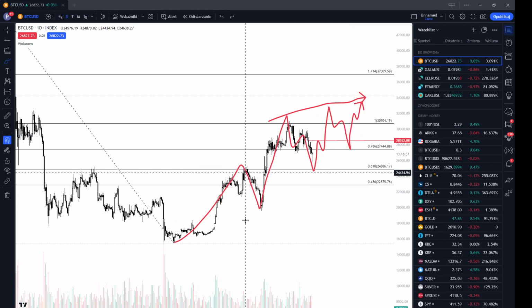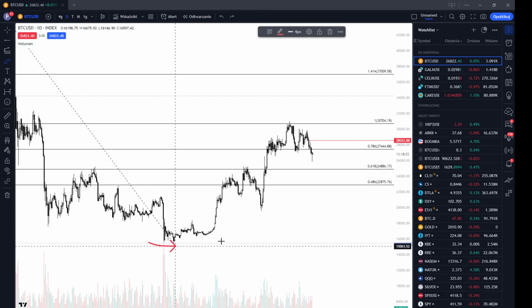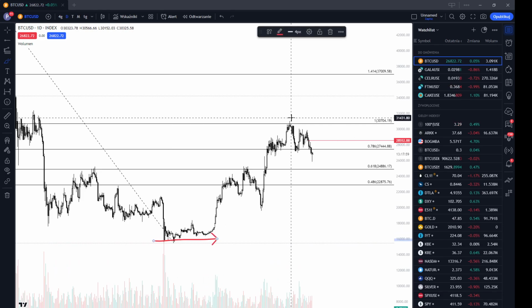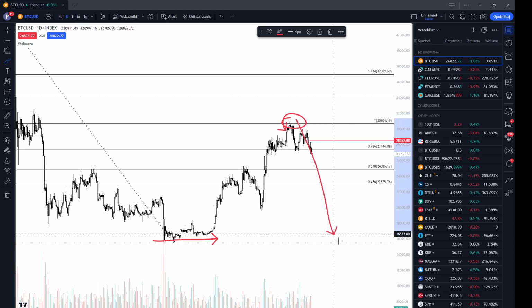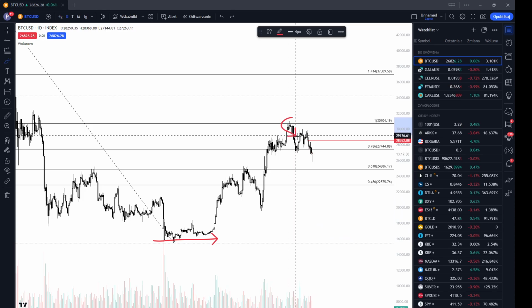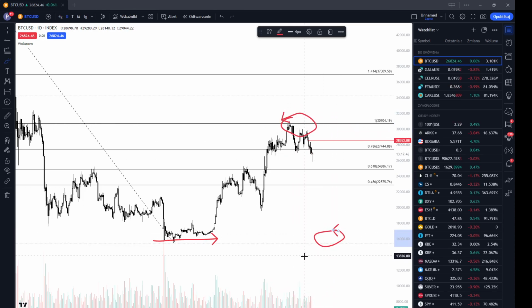So at the moment, if price wants to make a new low, then this is the place it should start from, this dump to the new lows. The aim of these short sellers is to bring the price to these levels.